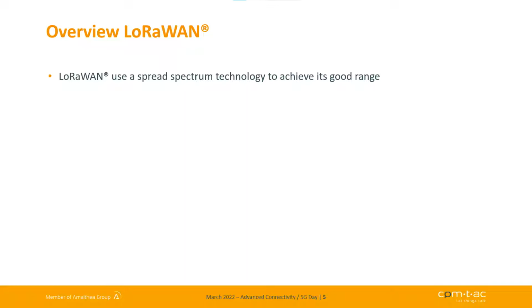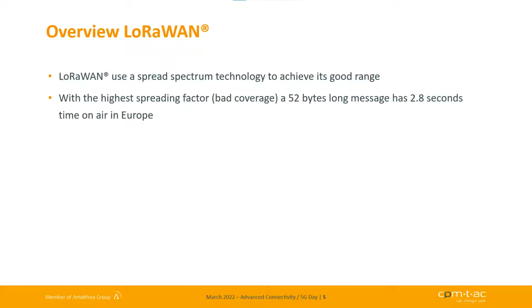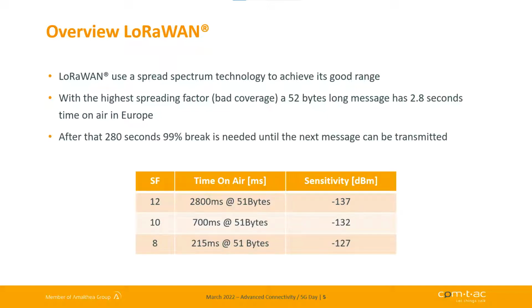And the big advantage is the network itself can choose the spreading factor, so if we have good coverage, we can reduce the send time to a minimum. Let me take an example. If we want to transmit 50 bytes, we need in the worst case 2.8 seconds to transmit this data to the network. That means we then have a break of nearly 280 seconds until we can transmit the next telegram to the network.